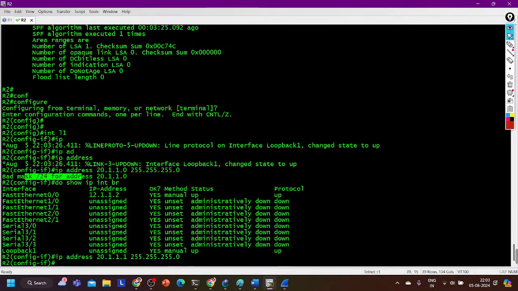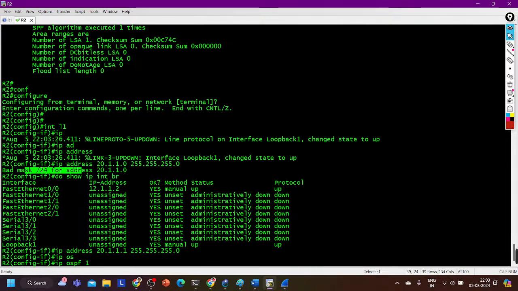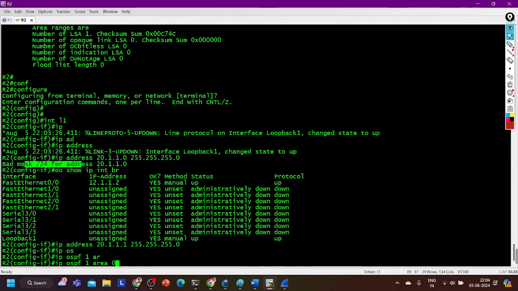And the another way to enable OSPF on an interface is simply here I can run command IP OSPF, then process ID, after that area 0. So this command will enable OSPF on interface. So we have two options to enable OSPF on interface, with the help of network command or with the help of interface. This is interface basis OSPF configuration, right?